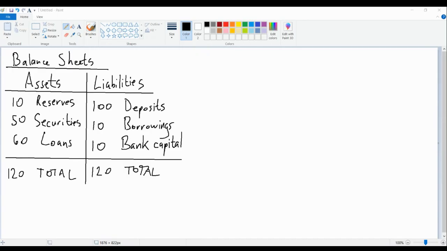But if you go into Blackboard, under exams, there is a document called Balance Sheet Practice. If you want, you can have a look at that to see how day-to-day transactions affect bank balance sheets.